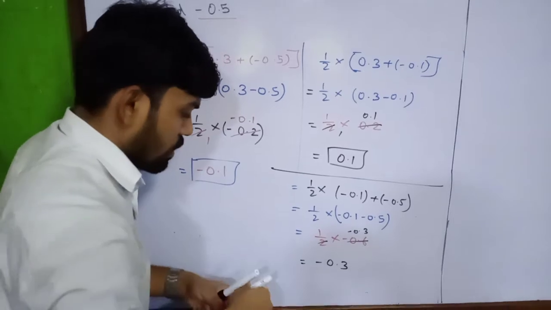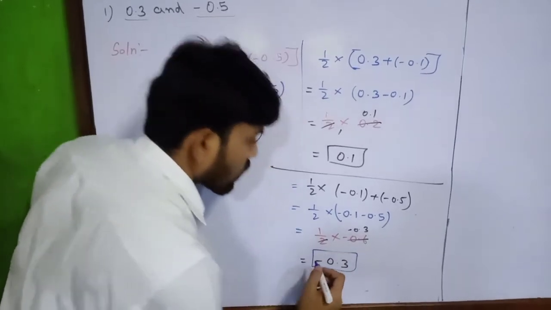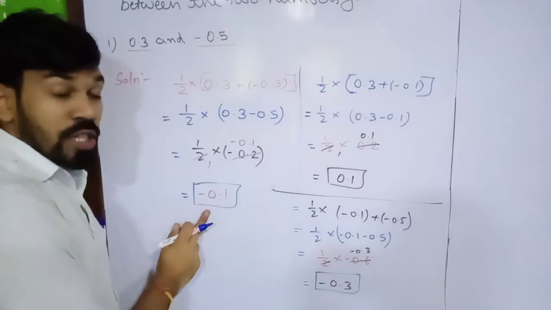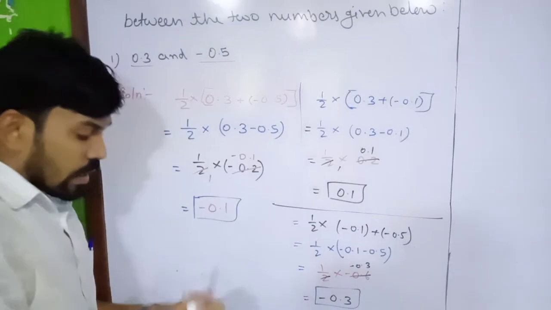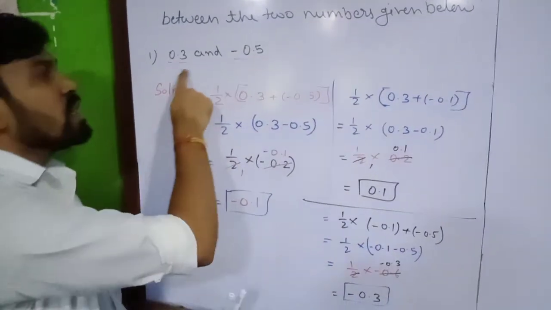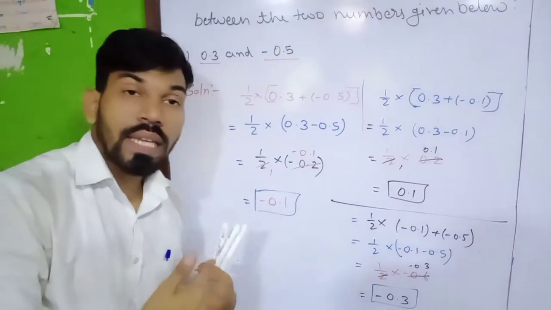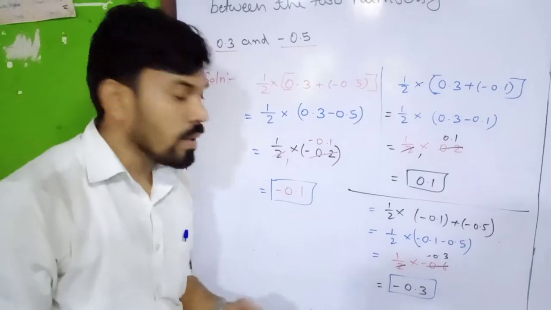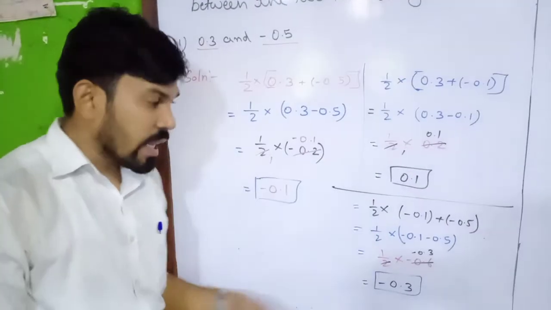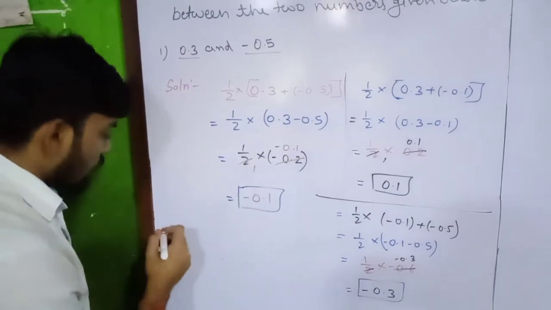This is the third number. This way we are finding minus 0.1, 0.1, minus 0.3. These three numbers come between these two. You can find any other answer also, that will also be right. As I said earlier, we get different answers. Now how are you going to write the answers?